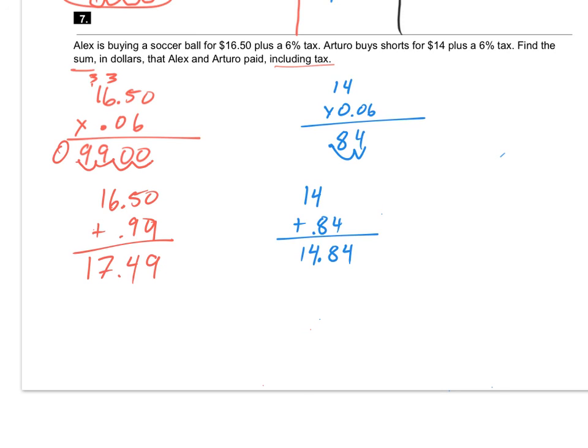And the question is telling you that you're looking for the sum of both. So let's just add it. 17.49 plus 14.84, you get 32.33. And that will be the answer for problem 7.